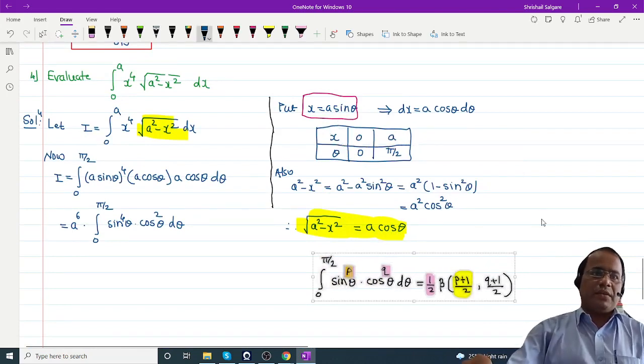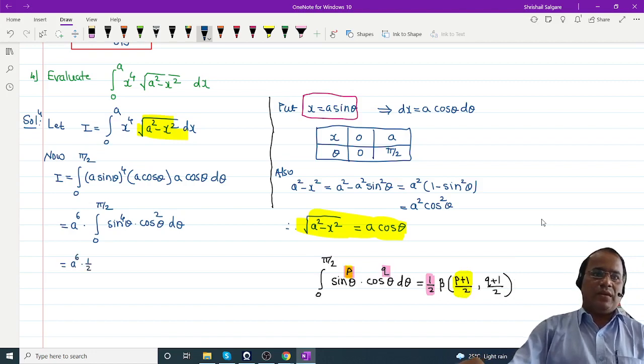So further it can be written as a raised to 6 into 1 by 2 beta of 4 plus 1 by 2, that is 5 by 2, 2 plus 1 by 2, that is 3 by 2.